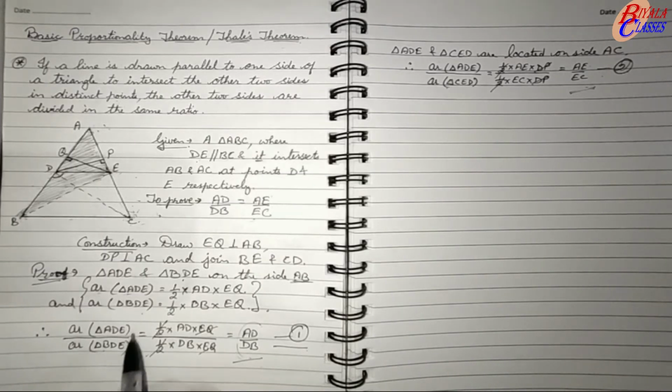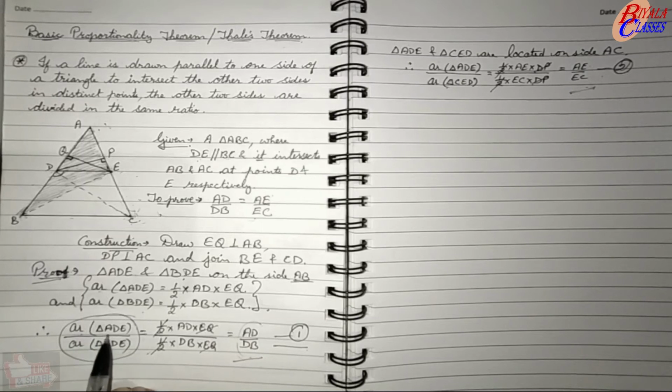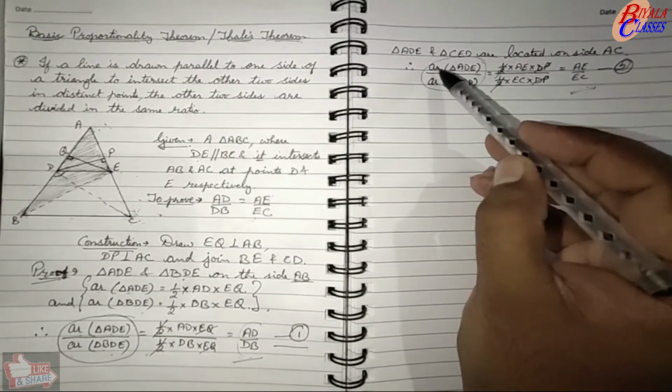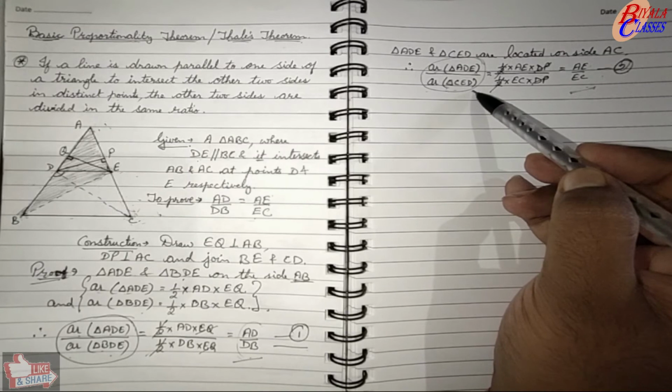If you check the left hand sides, here you have area of triangle ADE upon area of triangle BDE, and here you have area of triangle ADE upon area of triangle CED.